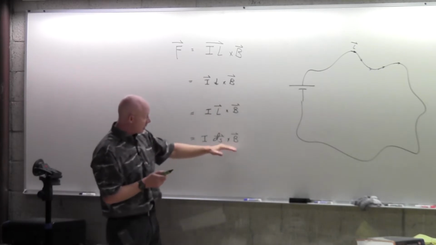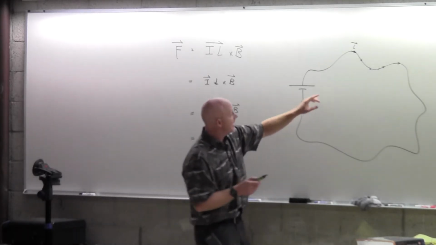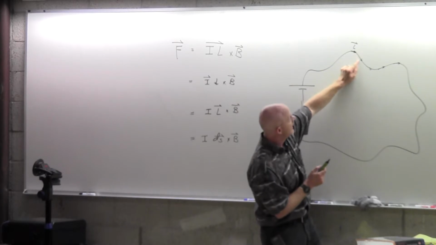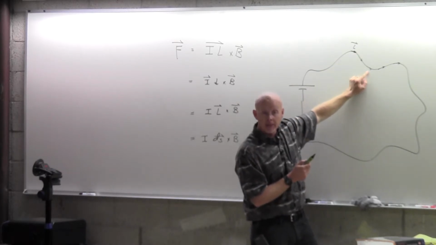And of course, we could also be at a different magnetic field, so the magnetic field might have one strength here and a different strength over here.